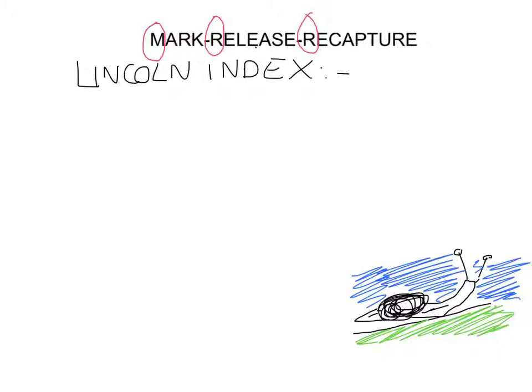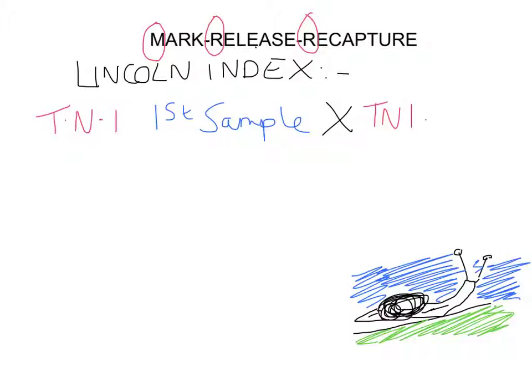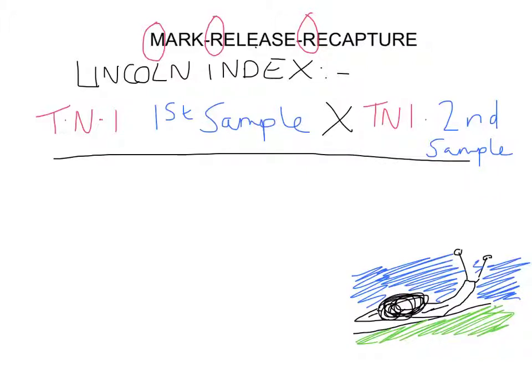It says that if you take the total number of individuals in the first sample, just to save space, I'm going to abbreviate total number of individuals as TNI, total number of individuals in the first sample, so when you first go out, and multiply that by the total number of individuals in the second sample, and then divide that number by the number of marked individuals recaptured.